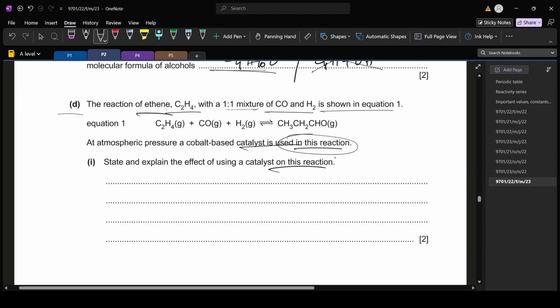So, what will be the effect of the catalyst? Catalysts actually increase the rate by providing an alternative pathway with a lower activation energy.